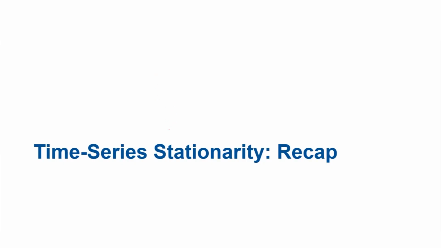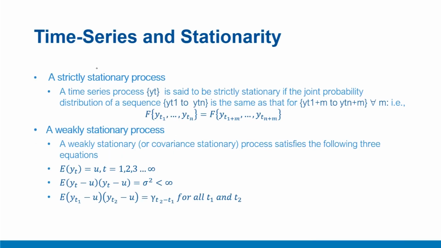In this video, we'll recap our understanding of time series stationarity. We'll also discuss some of the problems associated with dealing and modeling non-stationary series. Recall, in our earlier discussion, we said a strictly stationary process is a time series process yt where, when we pick a set of sequence, let's say yt1 to ytn, the joint distribution of these observations remains the same whether we pick another sequence from yt1 plus m to ytn plus m.